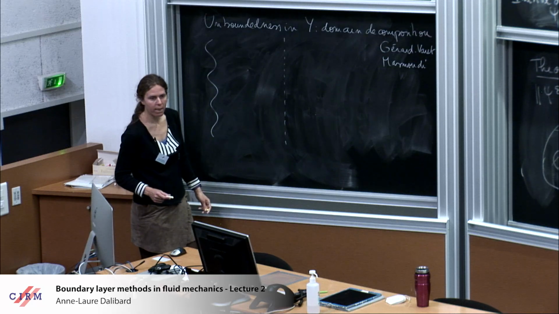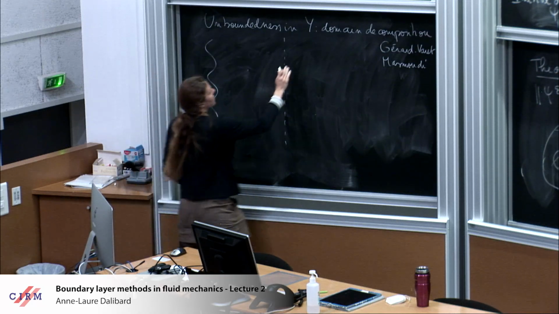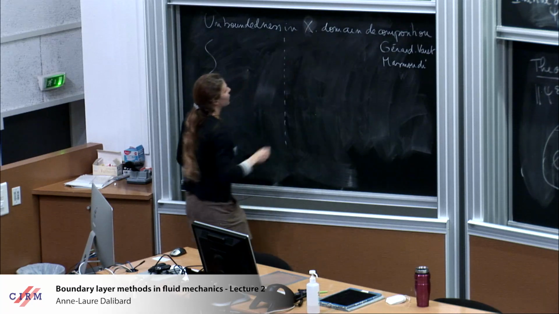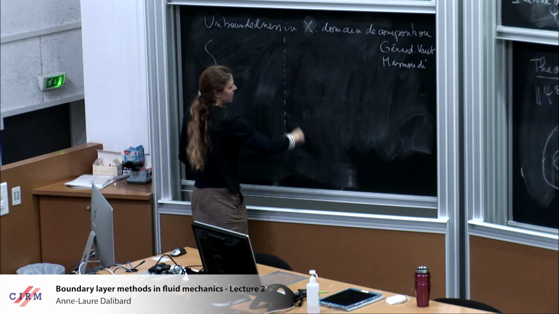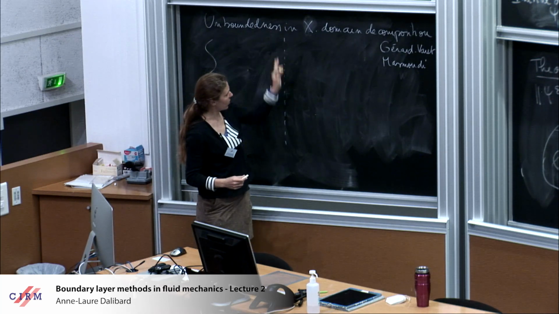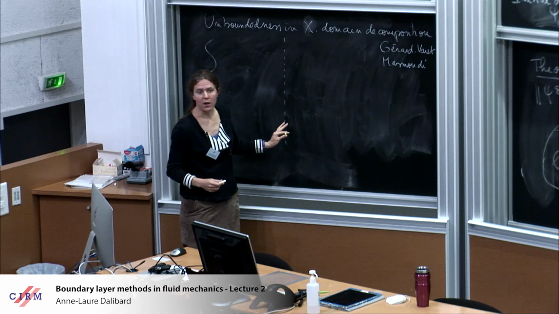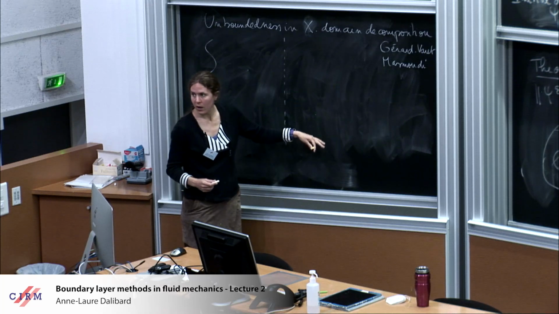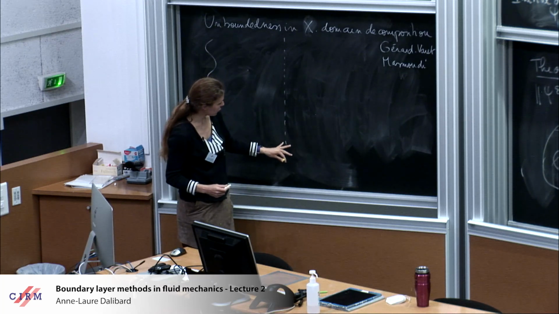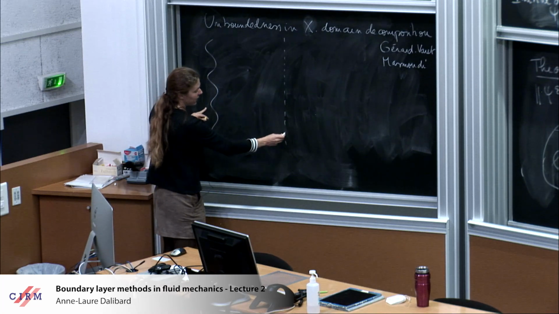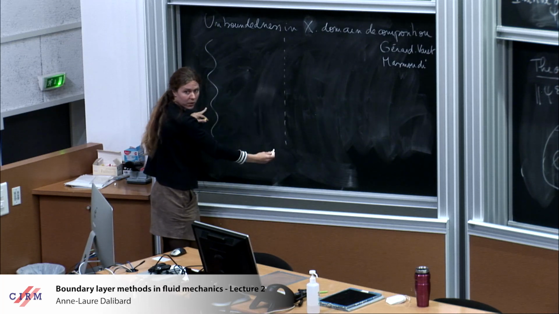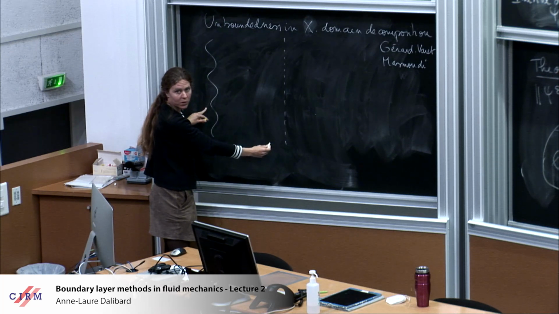Since the boundary of your domain is flat here, it's amenable to Fourier analysis. So you can write everything in Fourier terms, and then you write a transparent boundary condition on this dashed line. Then you're back to working with a domain that is bounded in X, but with a transparent boundary condition on this dashed line. This is what I will explain tomorrow at the beginning of the lecture.